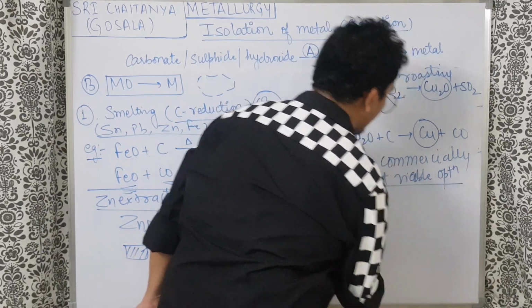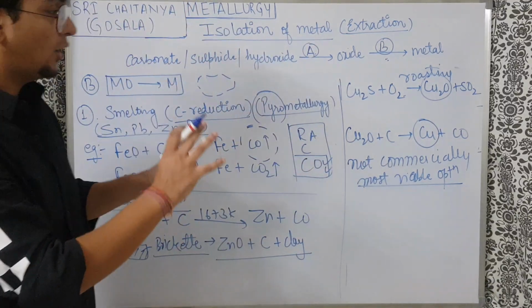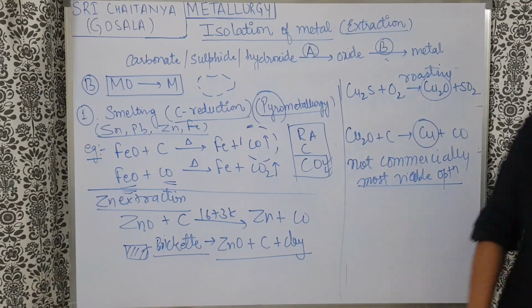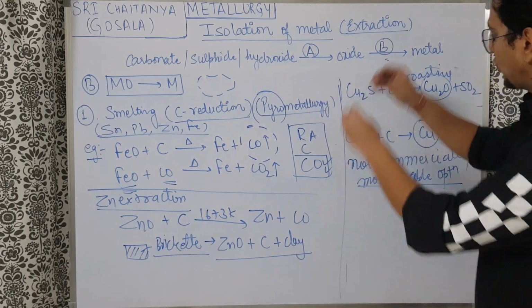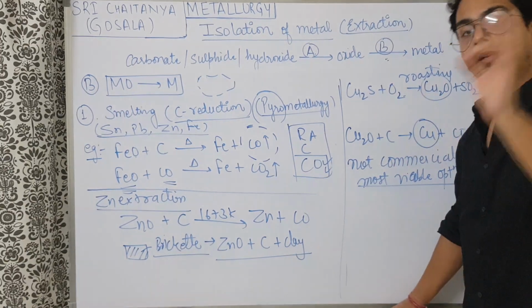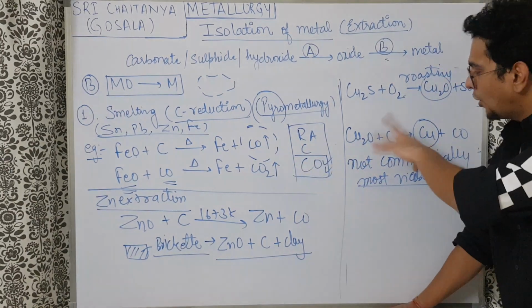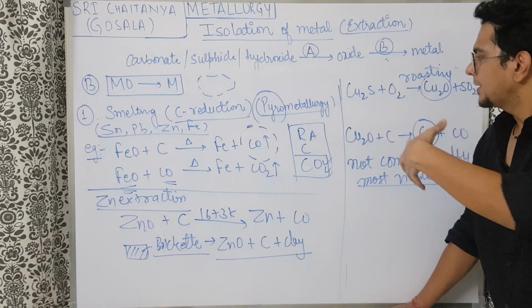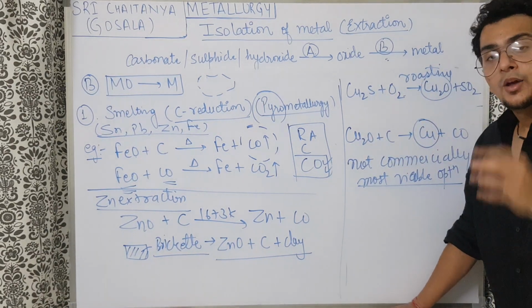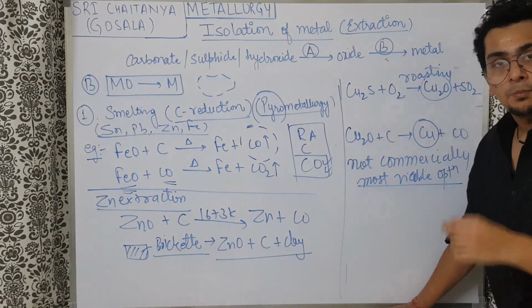This logic I want you to understand right now. That's why I'm giving this example: copper oxide can be reduced by carbon also, but we don't reduce using carbon. Why? Because there is another technique of reduction of copper sulfide into copper, which is even cheaper than this technique.